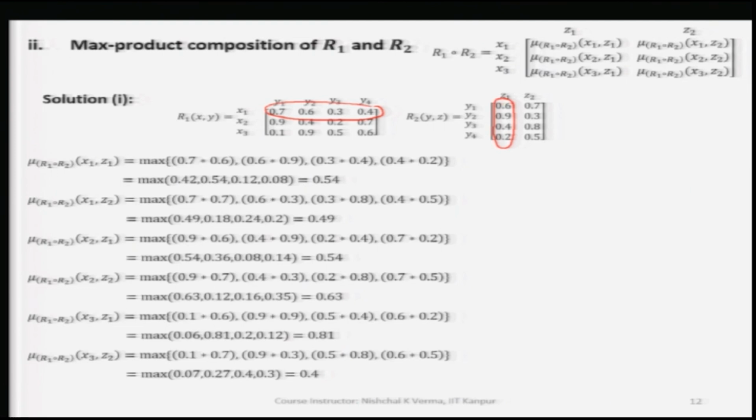we take the product of the corresponding elements, like 0.7 and 0.6. In the earlier case where we discussed max min, we were taking only the minimum of 0.7 and 0.6. Here we will be multiplying 0.7 and 0.6. So, that is the difference between max product and max min.